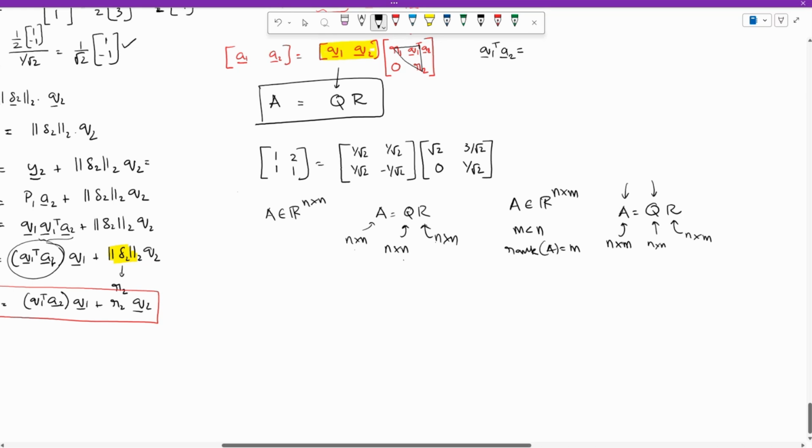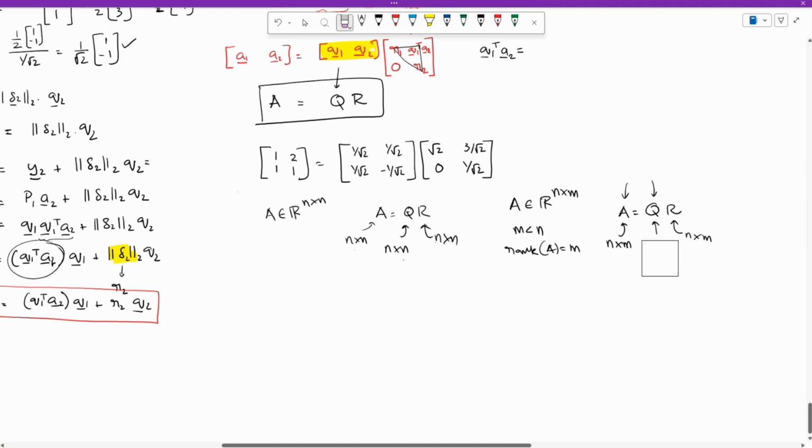We did the Gram-Schmidt orthogonalization procedure and we got the Qs. What can you say about the number of A vectors you started with and the number of Q vectors that you derived? They will be equal, right? If you started with m A vectors, you will have m Q vectors. That means, what can you say about the shape of Q? It cannot be n cross n.